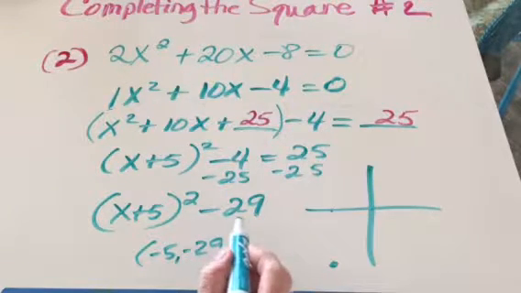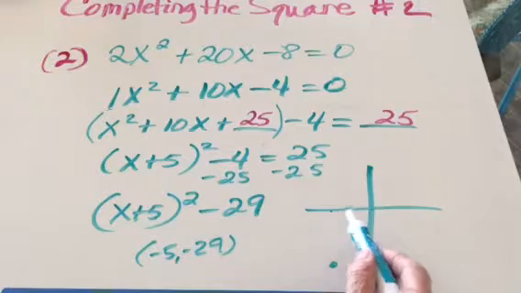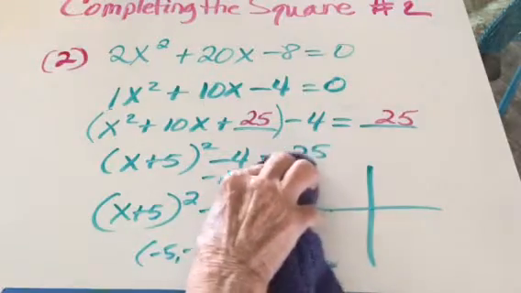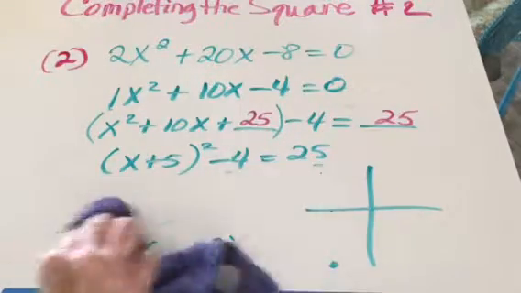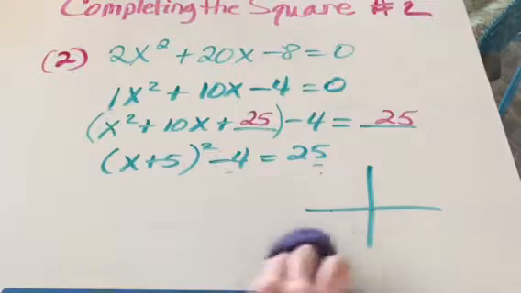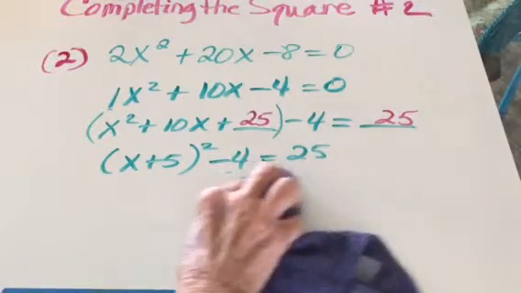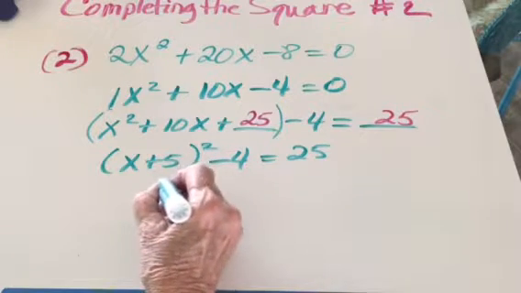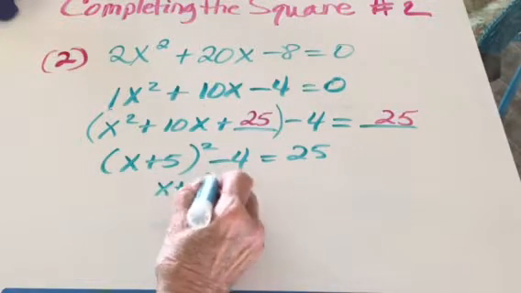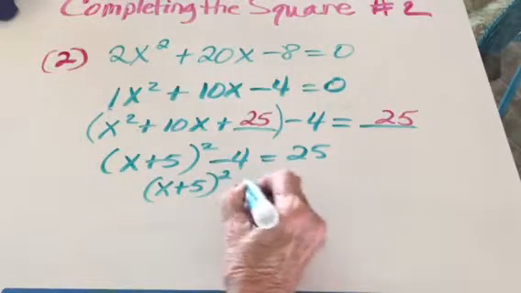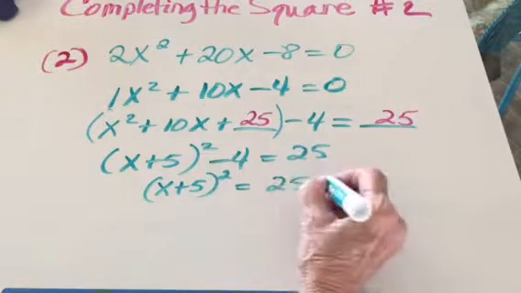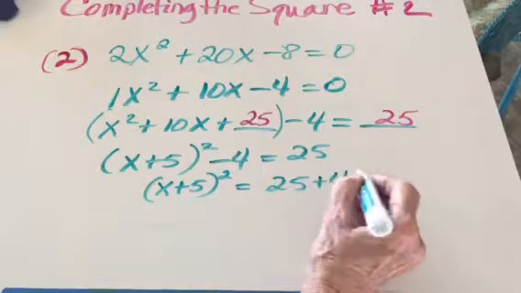However, if I wanted to figure out where the two points are, then let's take it right back up to here. Let me erase just this much. If I want to find out what the 2 points are, I can do this. I can go x plus 5 squared equals, now I've got 25, and I'm going to pull the -4 over, so plus 4.